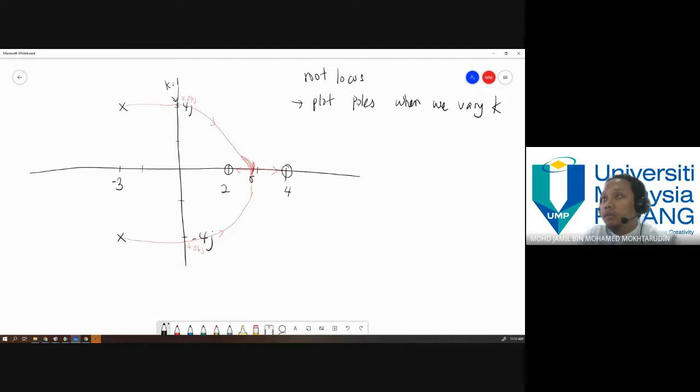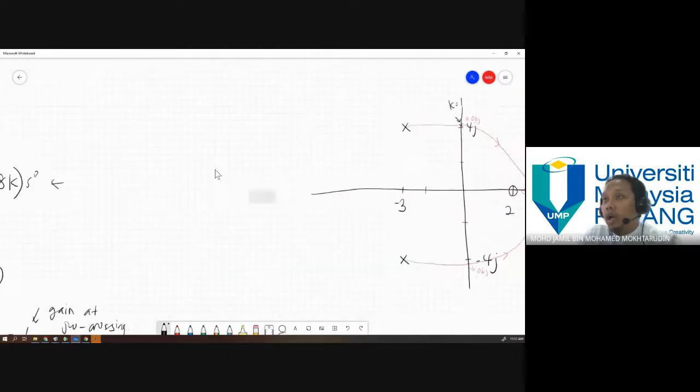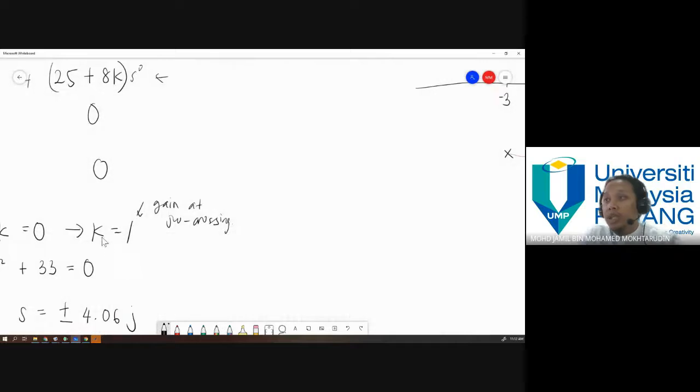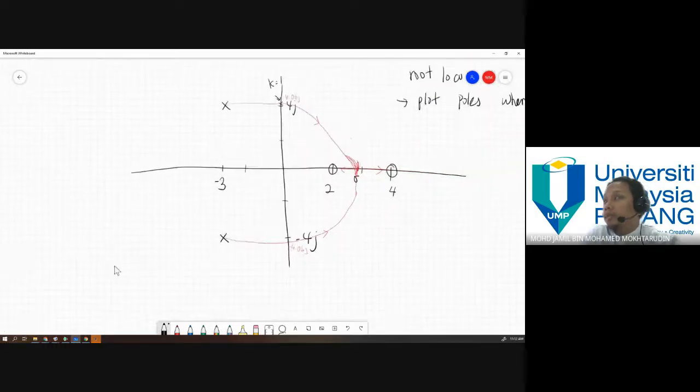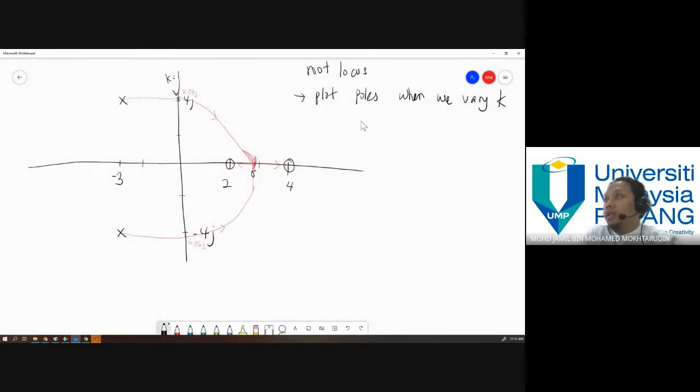So this is determined from the Routh table just now. So we get k equals 1. So k equals 1 here is the value of k at JW axis crossing.